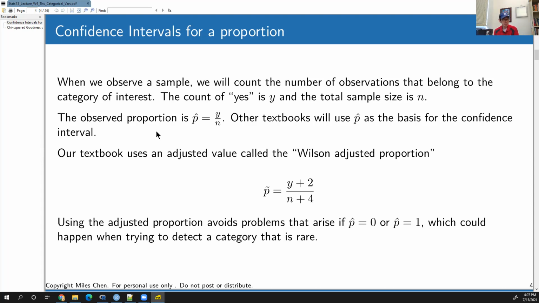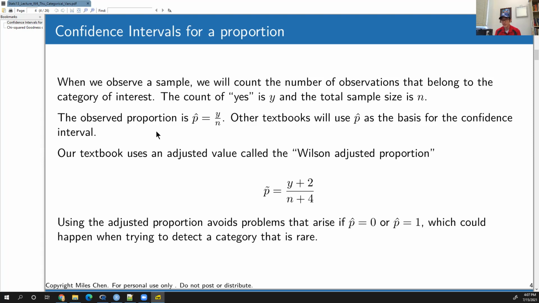Okay. Our textbook does something a little bit different, and it uses what's called the Wilson adjusted proportion. What the Wilson adjusted proportion does is it adds 2 to the numerator and it adds 4 to the denominator.